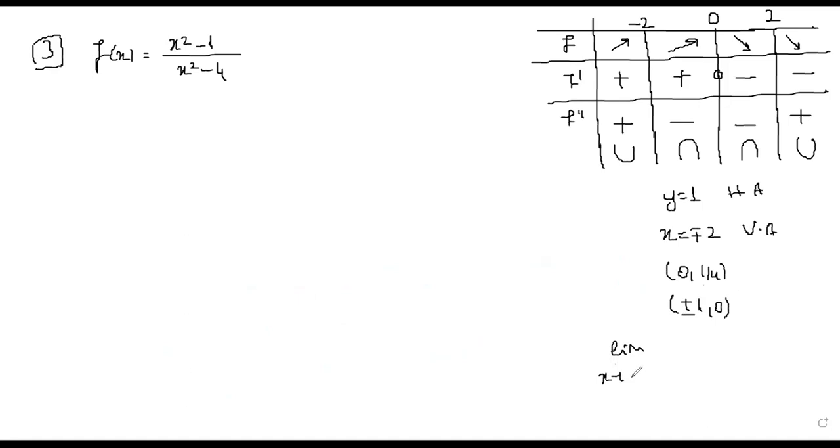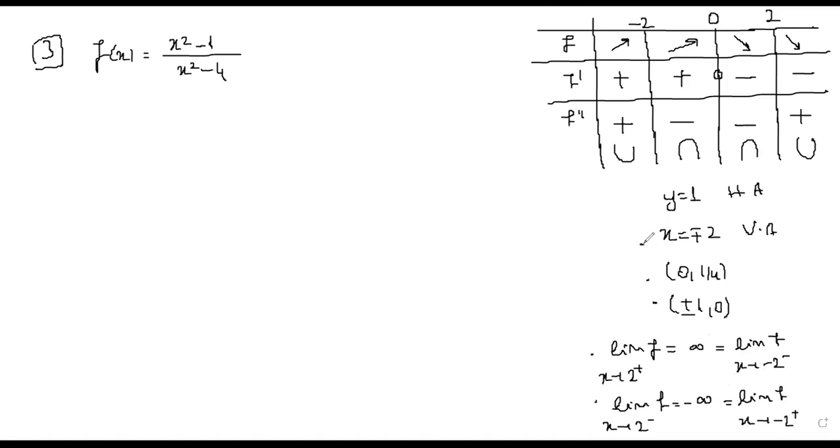The limit of the function when we're approaching 2 from right is plus infinity. The same for the point -2 from left, and these are -infinity. Okay, so we will use this information to sketch the graph of this function.